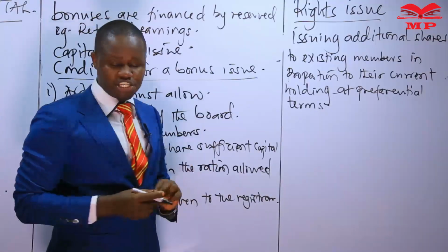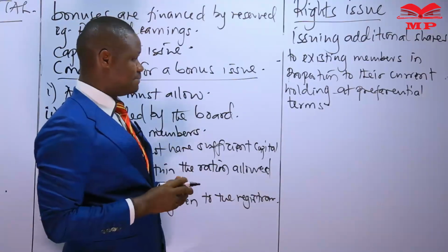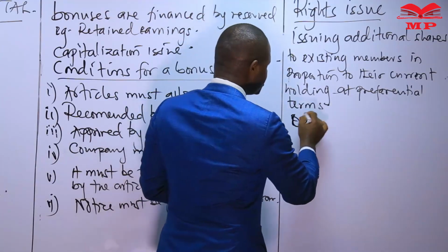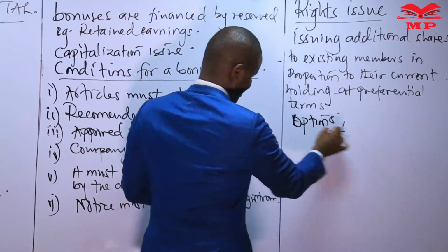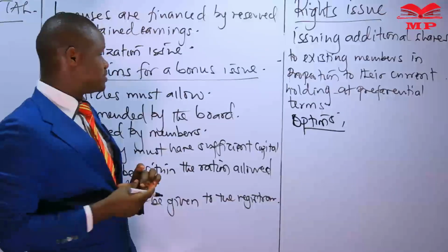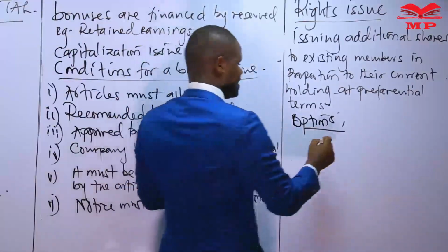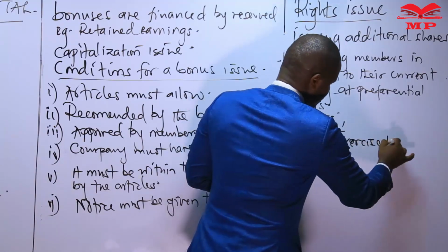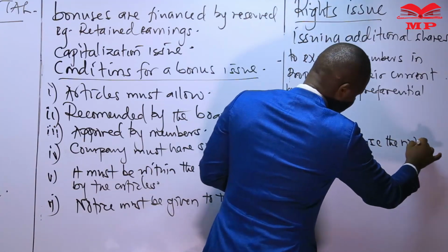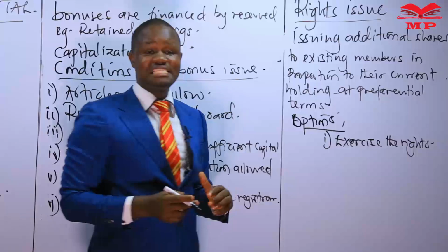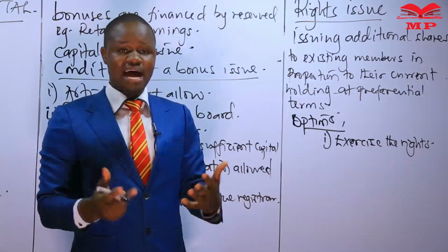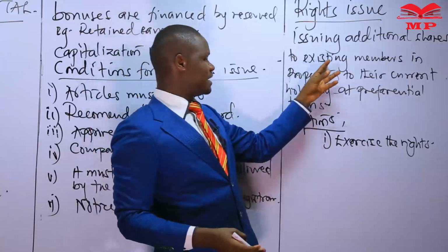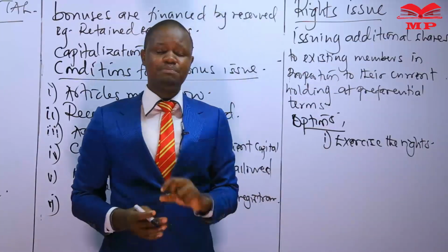Now, when a rights issue is being effected by a company, the members will be given 3 options that they can exercise in respect to the rights. The first option is that they can exercise the rights. In exercising the rights, they can actually buy those additional shares that the company is offering them in respect to their current shareholding at that preferential rate.